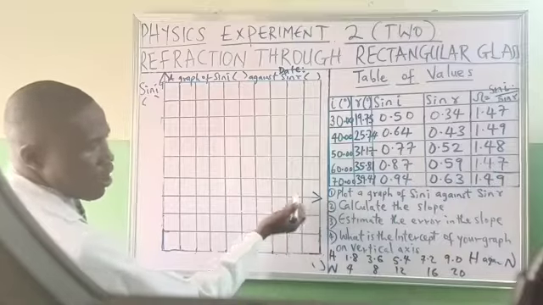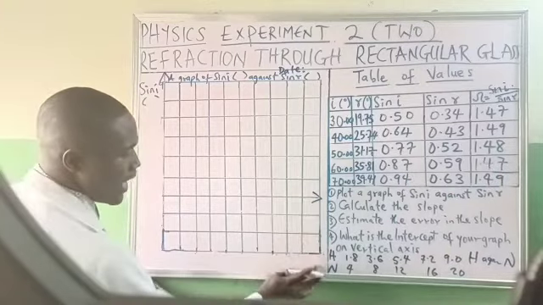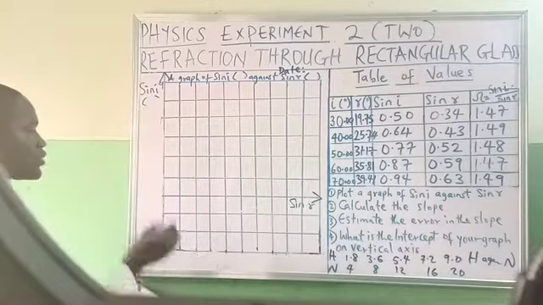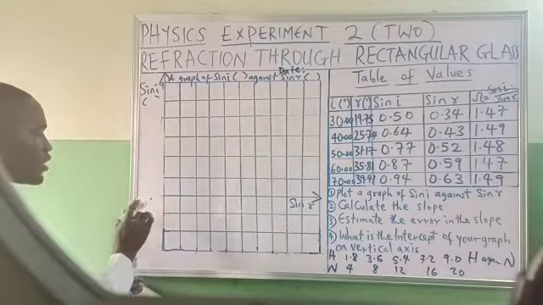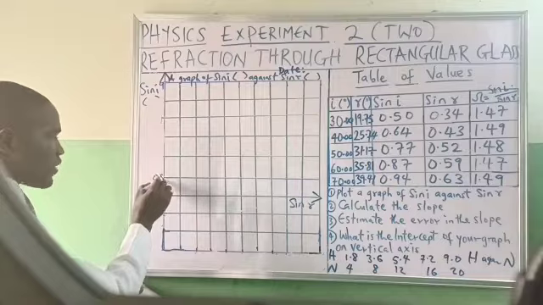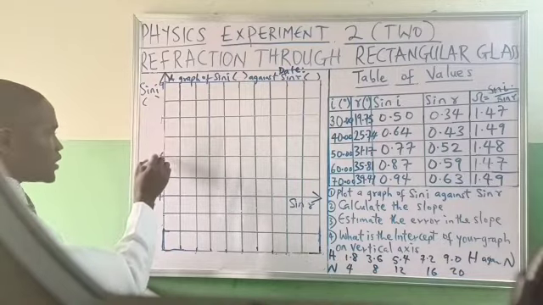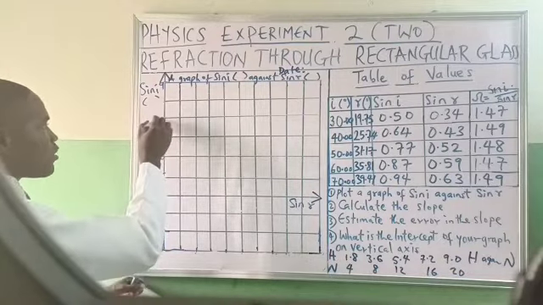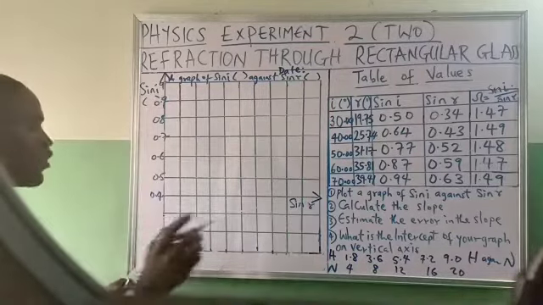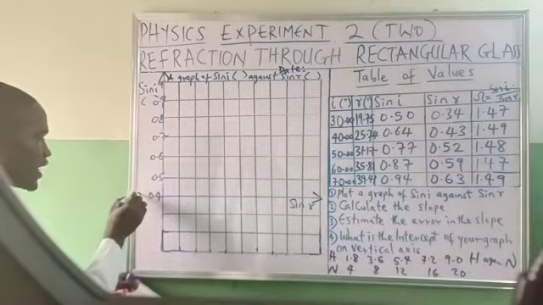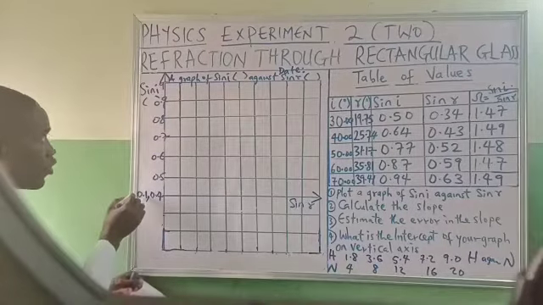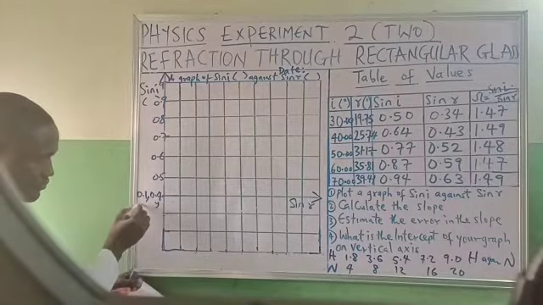I'll put my arrow of the horizontal around here and put this is my sine what R. That means for the vertical axis, here will be 0.4, 0.5, 0.6, 0.7, 0.8, 0.9. Then for the horizontal, we decided to start from 0.1 before now. We stated this is for horizontal and this is for vertical.